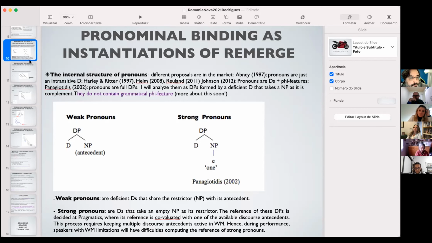Yeah. The thing with E-type anaphora, like donkey pronouns, todo homem que tem burro bate nele, né? Here is the problem with this analysis, Andrés, with remerge. How much material are you copying? Are you copying in the restrictor of the D? In the case of donkey anaphora, you have to do something like todo mundo que tem burro bate nele. That has to be, because it's not any burro.